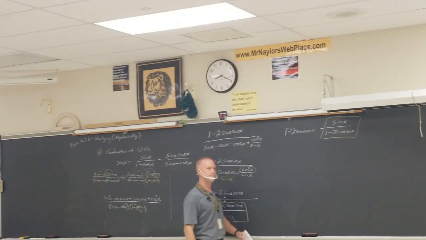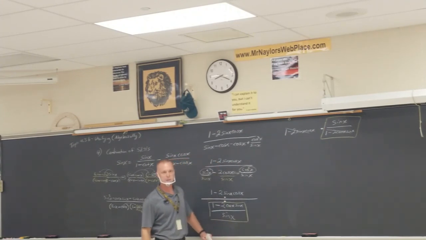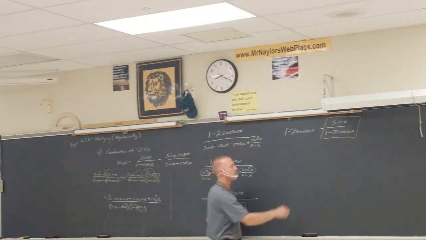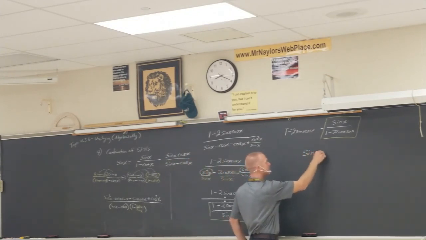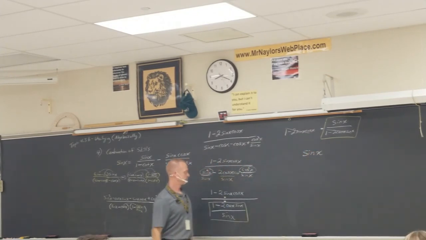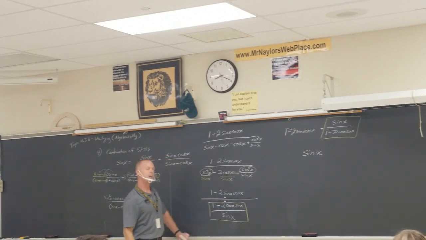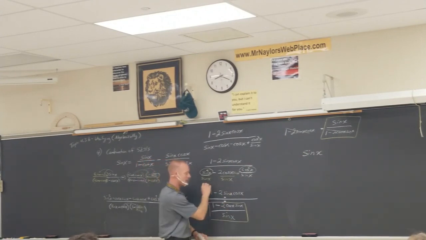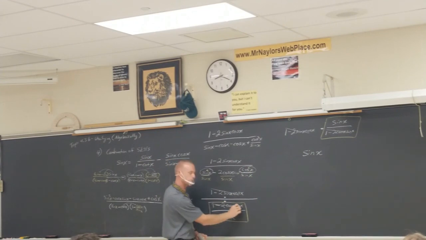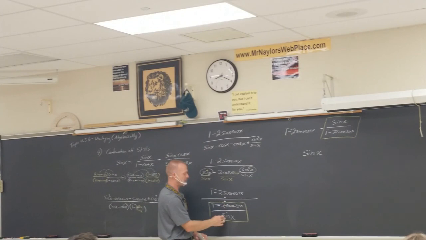Yes, they cancel, leaving us with just sine, which is what we were hoping for. Now, I will have students say, could I just cancel it back here? I understand that's going to cancel, as long as you understand that this is going to end up being sine, not 1 over sine. But that's why it ends up being sine.